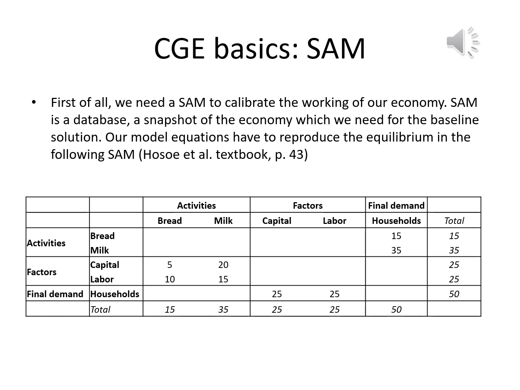So whatever you see as the title is an account in the social accounting matrix. There are 5 accounts here: 2 activities accounts, bread and milk; 2 factors accounts, capital and labor; and 1 final demand account, which is households.